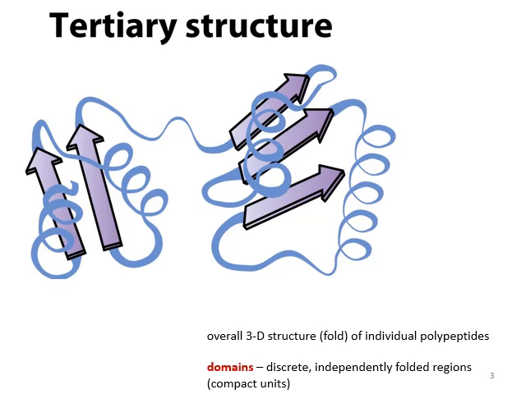It's going to be an independent region in and of itself, a compact region that's going to give the protein some kind of unique activity. And so this portion of the tertiary structure has been labeled as a domain, and of course there's another domain here that you can see as well on the right side.